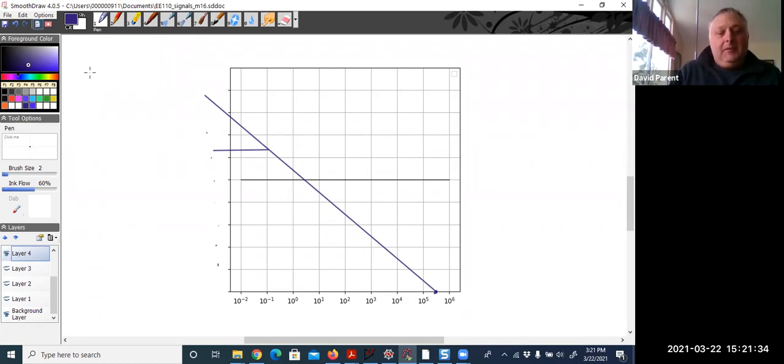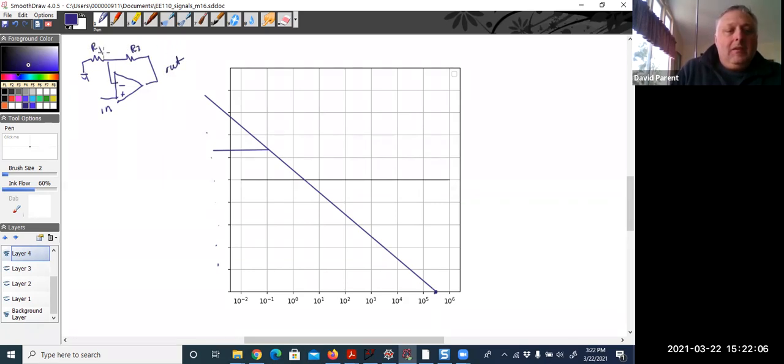Now, what if we just had a non-inverting amplifier? All right, we have this, right?